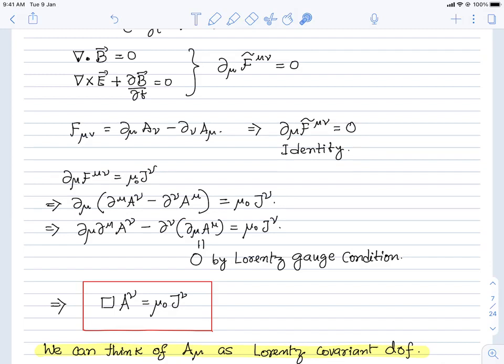But now the question is, can we find such an equation of motion starting from a Lagrangian density for the 4-vector potential?